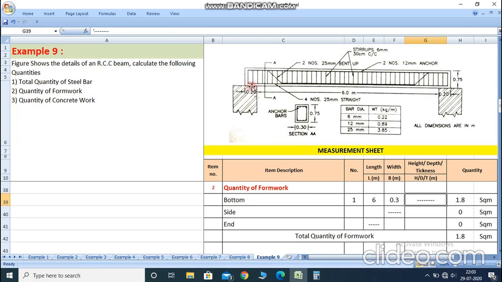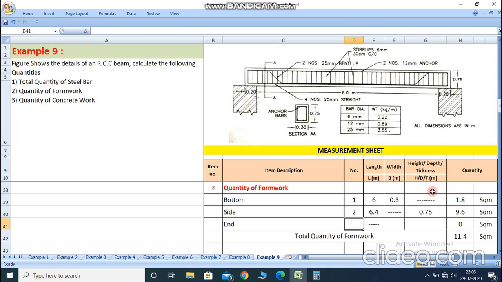At the side part, this side and back side, both sides, two numbers of formwork are required. The length is 6 plus 0.2 plus 0.2, so 6.4, and the height of the formwork for the side is 0.75.